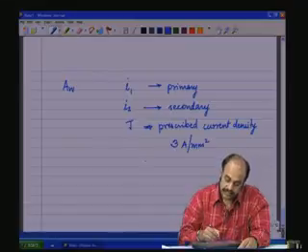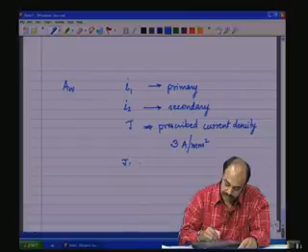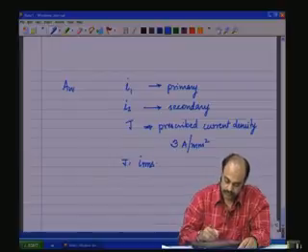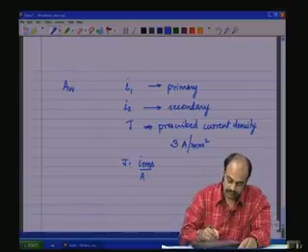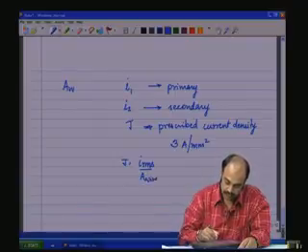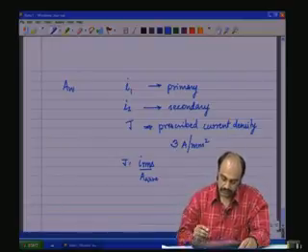So, what is current density? J, current density, is I RMS by the area of cross section of the wire.